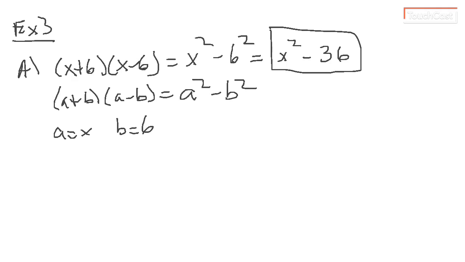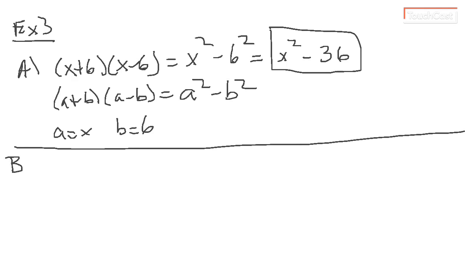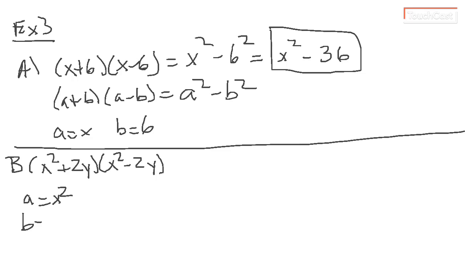Let's do one more, one that has multiple variables. So we're going to look at x squared plus 2y times x squared minus 2y. In this case, our a is x squared, our b is 2y.